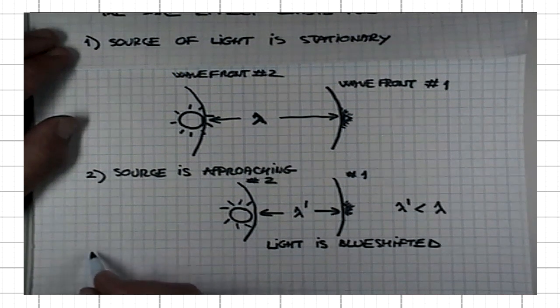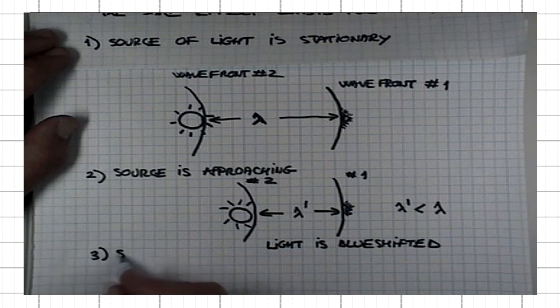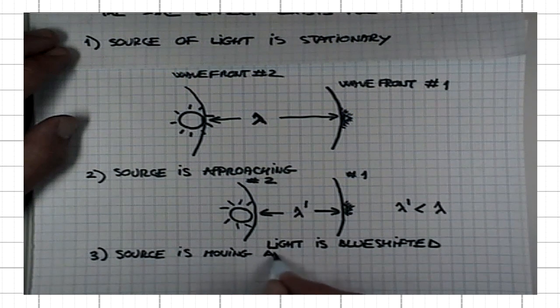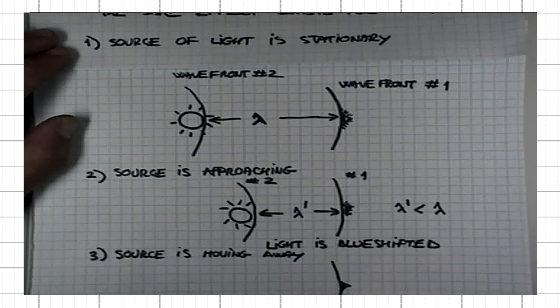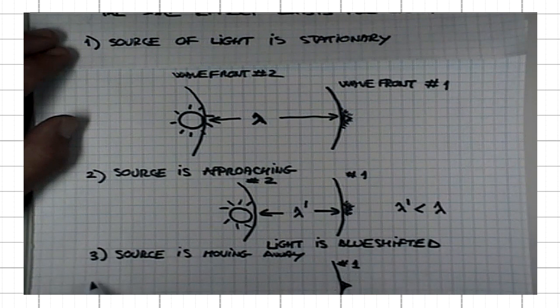Now you can guess immediately that when the source is moving away, okay, so here again is the eye of the observer at the moment when the wavefront number 1 strikes the eye. But now the light source is here, it was approaching, now it's receding, right?